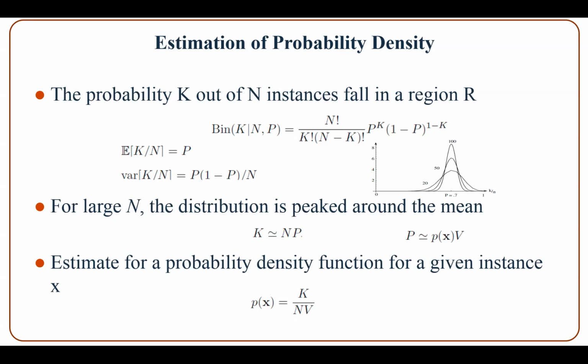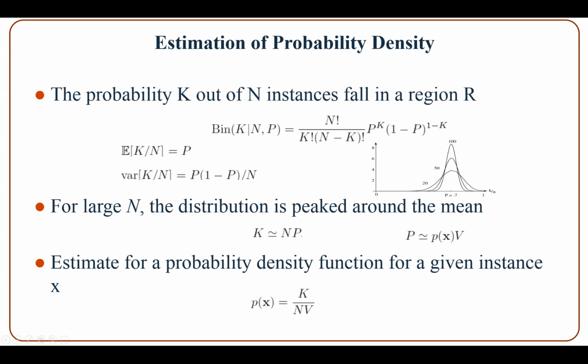So the total number k of points that lie inside the region R is distributed according to the binomial distribution, and n here is the number of instances or the number of points, and capital P is the probability of falling within the region R. From there, the expected value of k is equal to n times P. And the variance of k is P times 1 minus P times n.